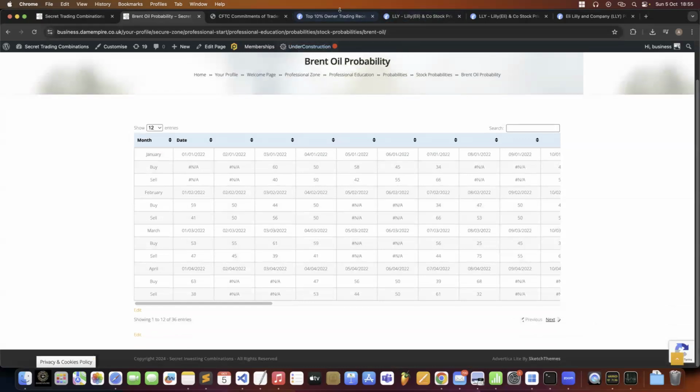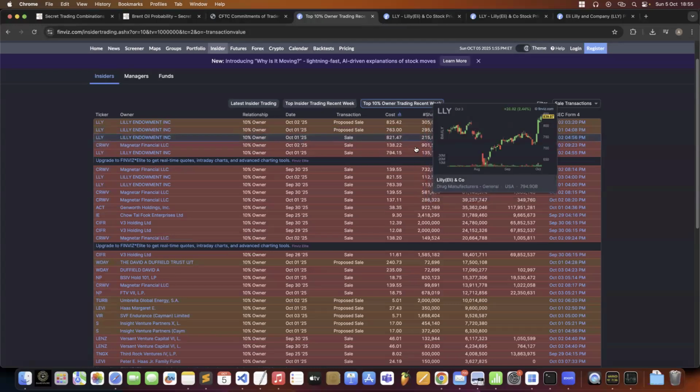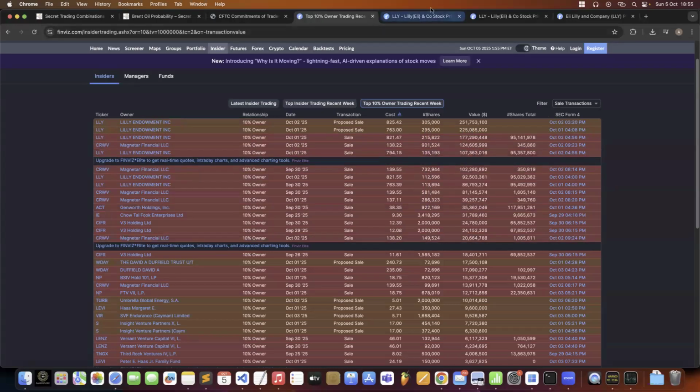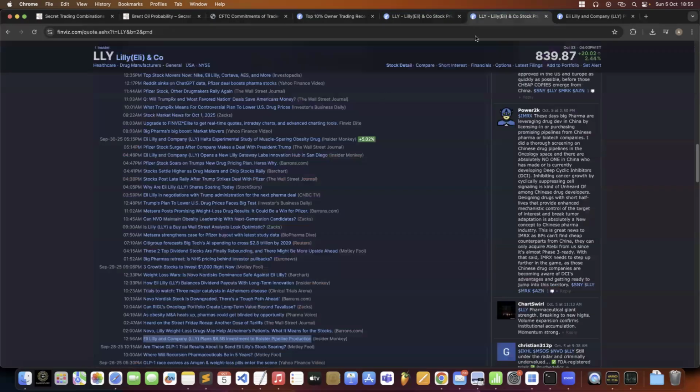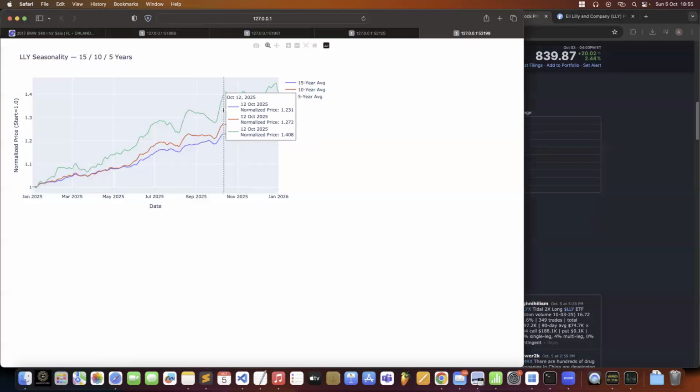So going back to this asset, this Lily asset, you can see they're selling now and they're going short. What you want to pay attention to is to start reading, just look at the highlights in the news, right? Look for some negative highlights in the news around this period.